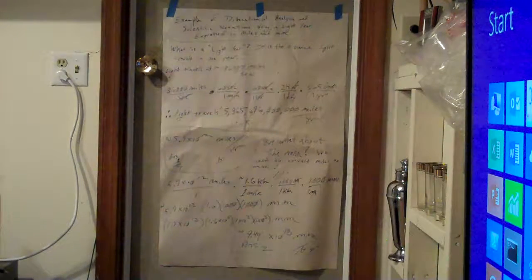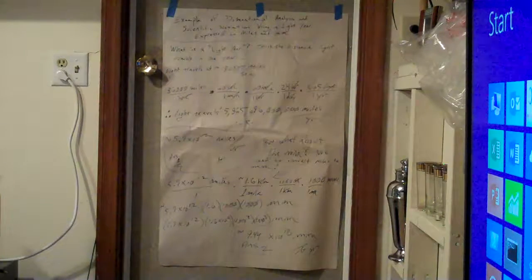But what about the millimeters? We need to convert miles to millimeters. And I'm going to start again with some sort of miles. I know that's my starting point. This is my millimeters. And I'm going to have to try to find a way to, again, using dimensional analysis, get the units themselves, things like miles, kilometers, meters, all that stuff to cancel itself out.